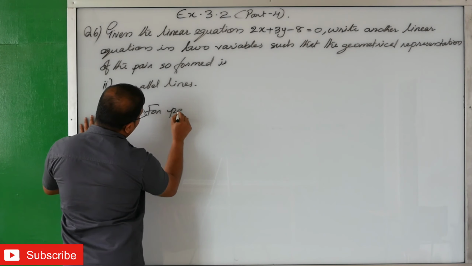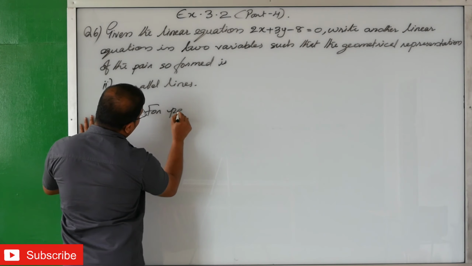First equation, 2x plus 3y minus 8 equal to 0. This is the given equation. Now what you will do? A1, B1 we will not change. Only C2 will change. Got the idea? For the next equation we will take C2 as minus 12. You can use any value, no problem. But just I am taking C2 as minus 12. A1, B1 will not change.